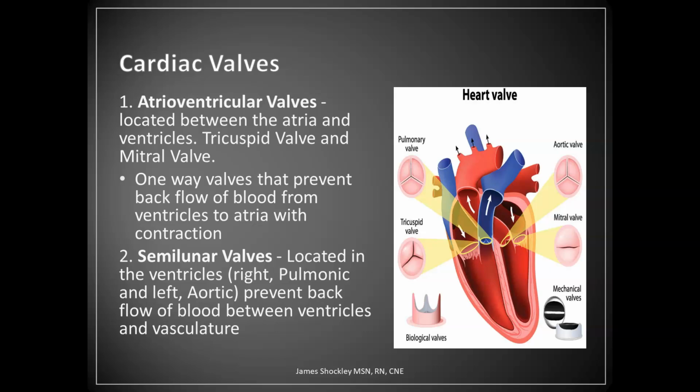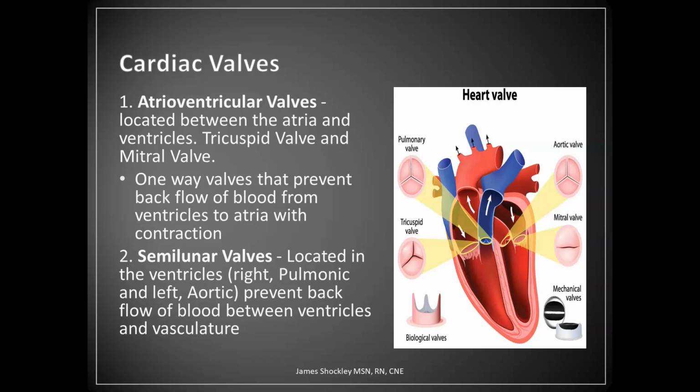The other 2 semilunar valves that we have are going to be your pulmonic and your aortic. And they're just called the semilunar valves because somebody somewhere thought that that's what they looked like. So these are going to prevent backflow of blood between the ventricles and the vasculature.